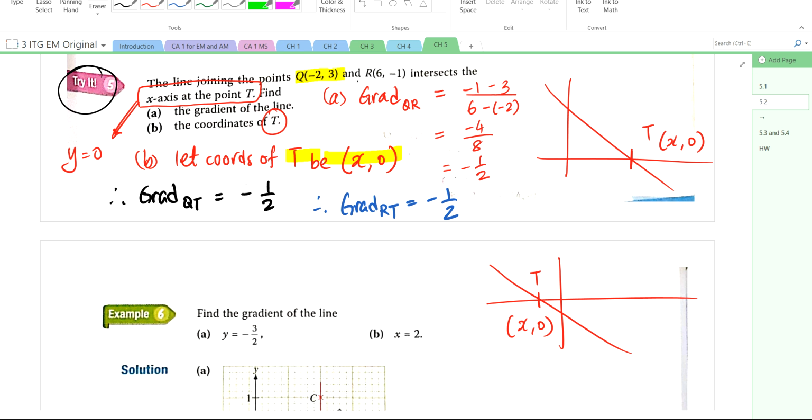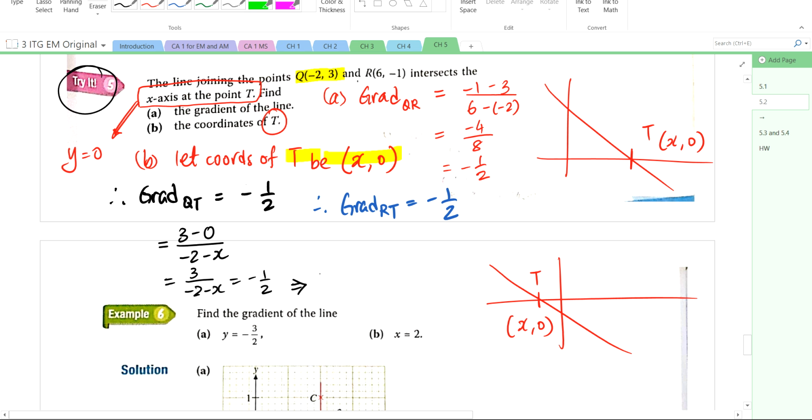Let us try with the first option for QT. Gradient of QT must equal 3 minus 0 over negative 2 minus x. This will give me 3 over negative 2 minus x, which is negative half.